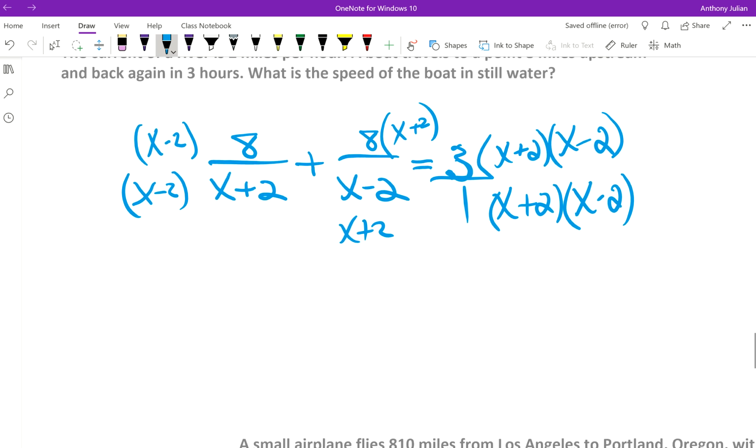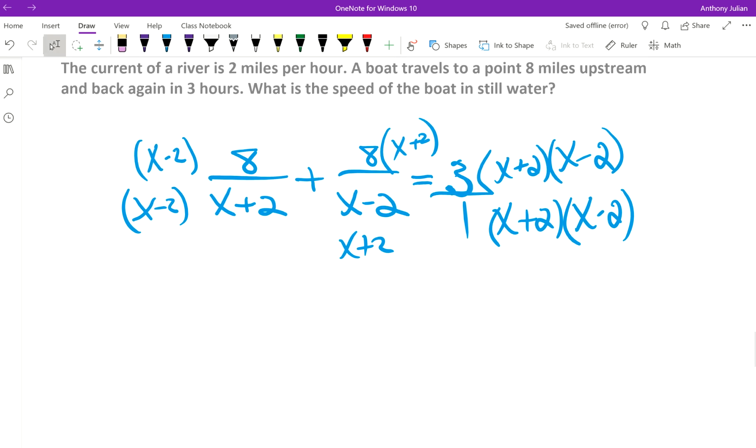Let's see what we've got here. I'm going to distribute the 8 times x minus 2, and that's going to give me 8x minus 16 plus 8x plus 16, and that's going to equal the right side, where I've got 3.